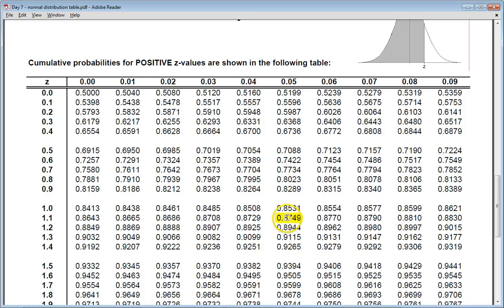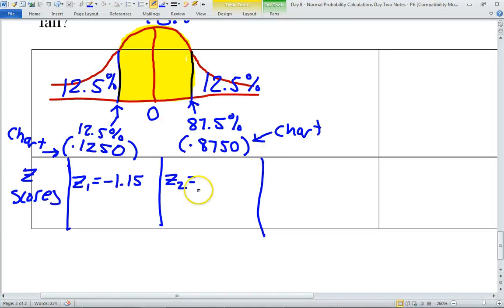Let's translate this guy into a z-score. So looking to the left, I've got 1.1. Looking above, I've got 0.05. Putting it together, 1.15. Okay, now looking back, is that really a mystery?